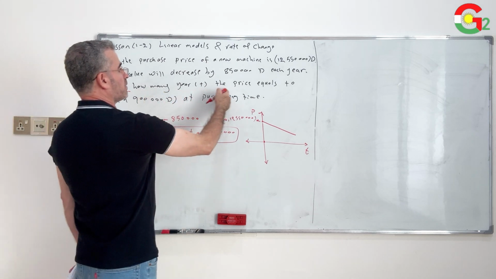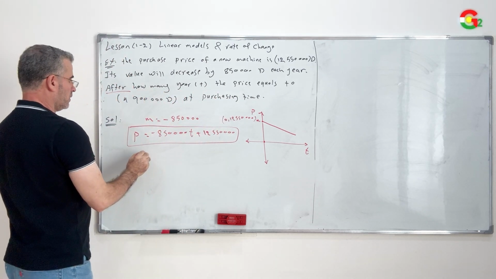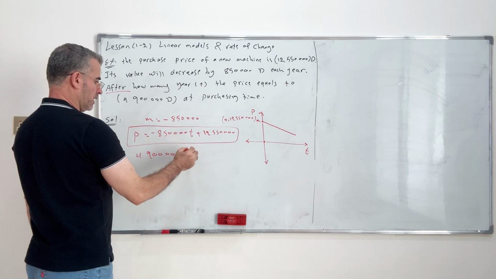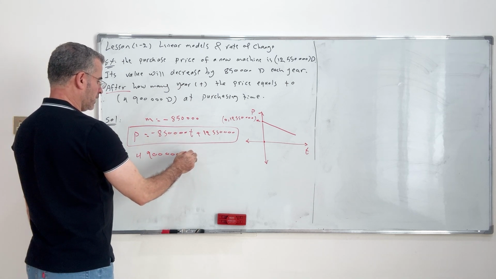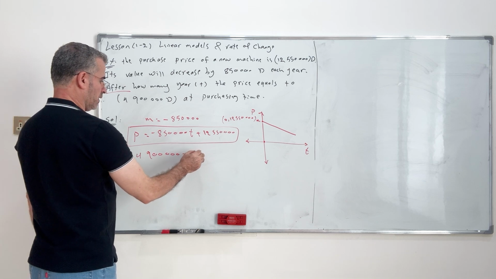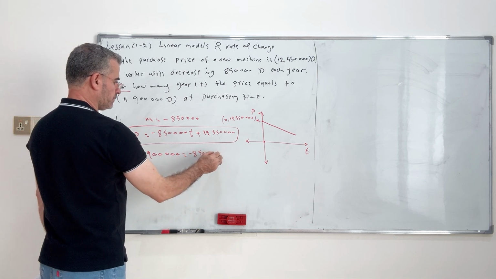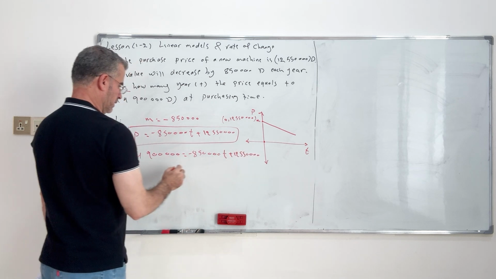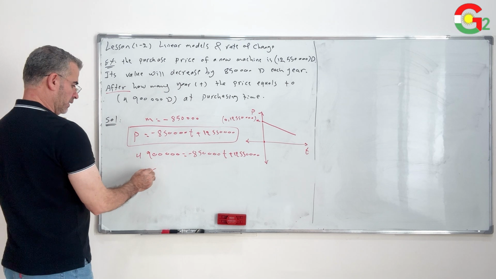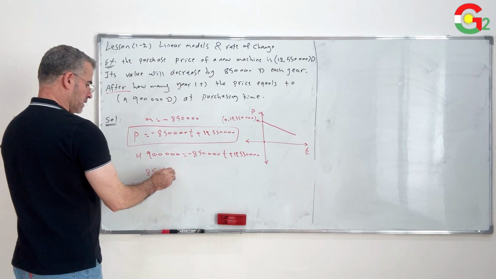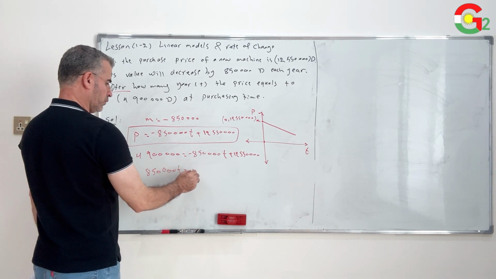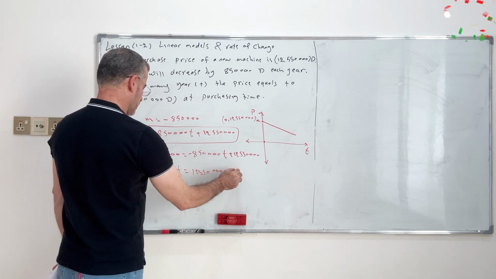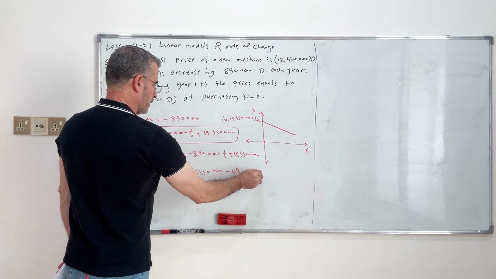After how many years will the price equal 4,900,000? Here I want to find the value of t: 4,900,000 equals negative 850,000 times t plus 12,550,000. Then 850,000 times t equal to 12,550,000 minus 4,900,000.